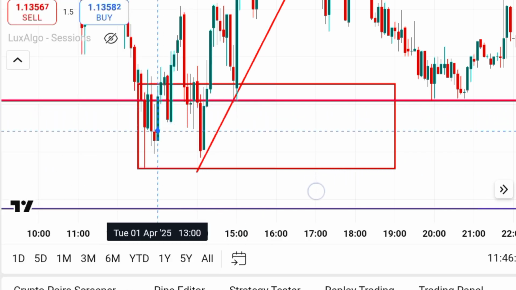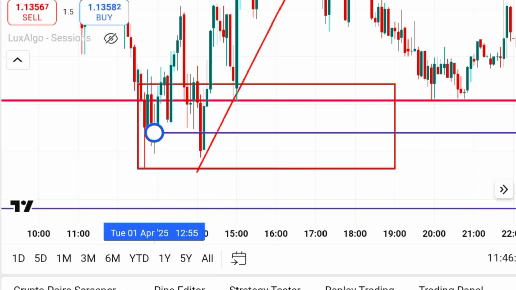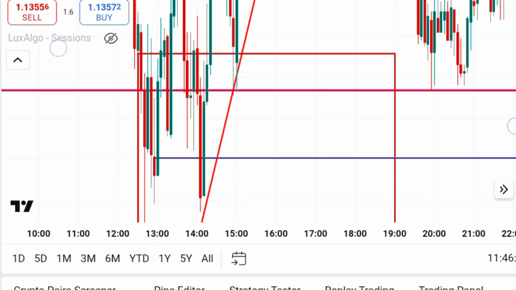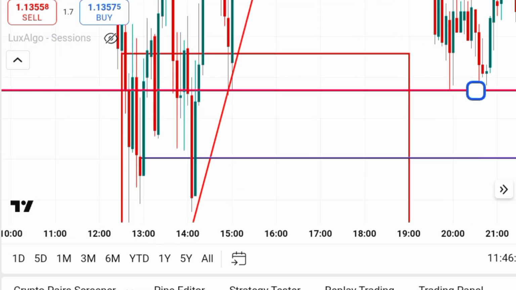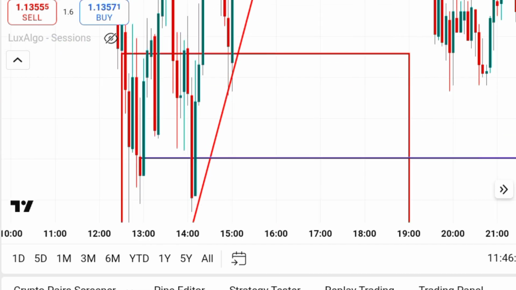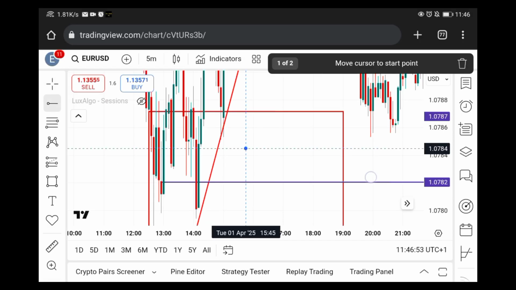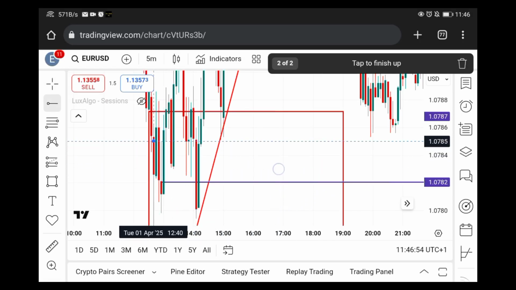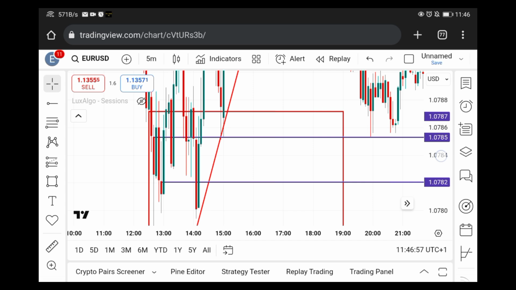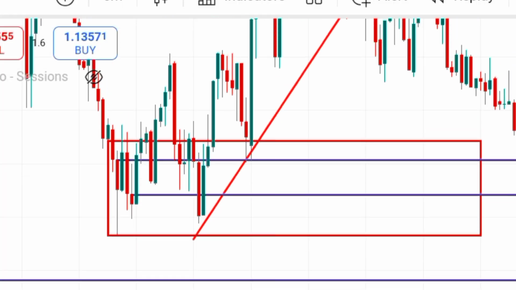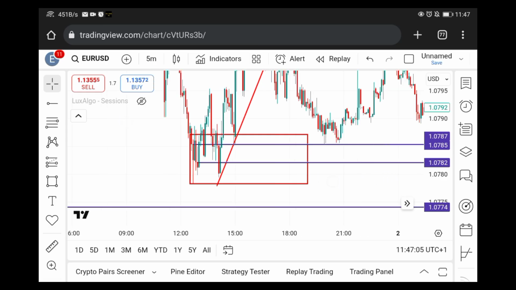You enter one position right here at that blue line, and you enter the second position right at this candle, which happens to be your 5-minute OB. So these two lines will be your entry, while below is going to be your stop loss.